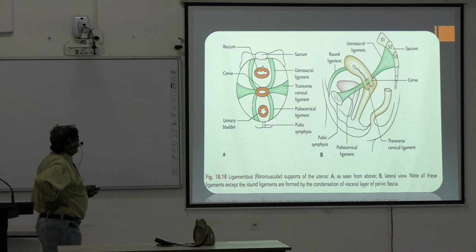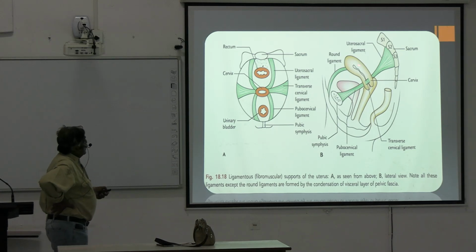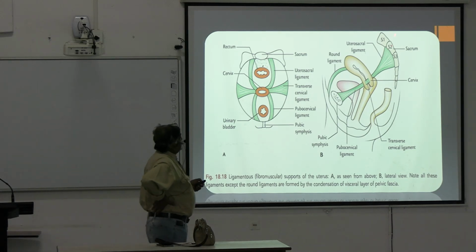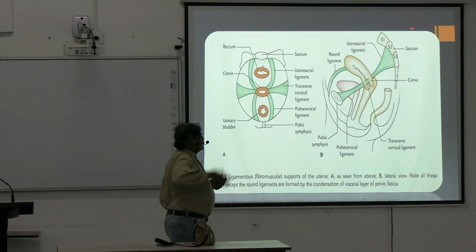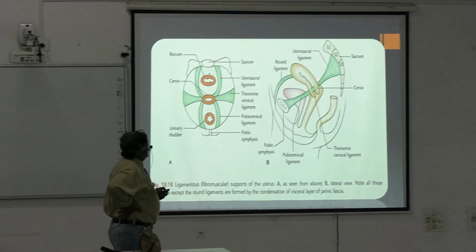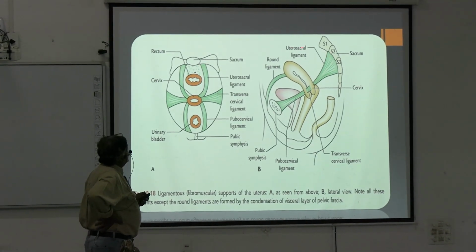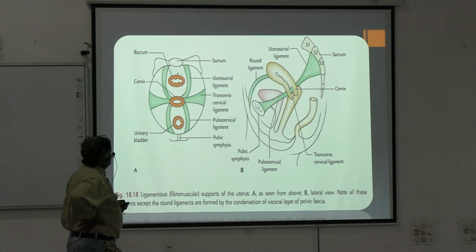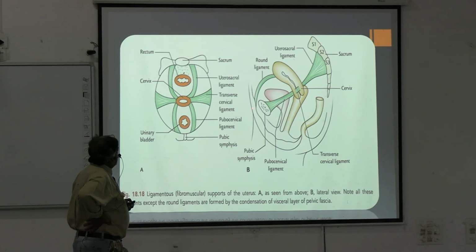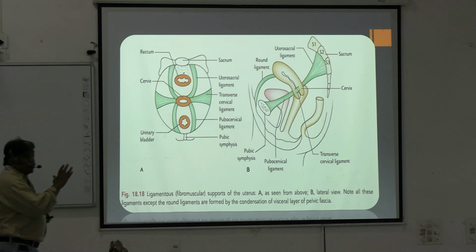The simplified diagram, and this is the sacrum in sagittal section. S1, S2, S3. This is the cervix. This is the ligament. Uterosacral ligament you see, and the round ligament is here, and pubocervical ligament here, transverse cervical ligament here. So this is a simplified diagram.